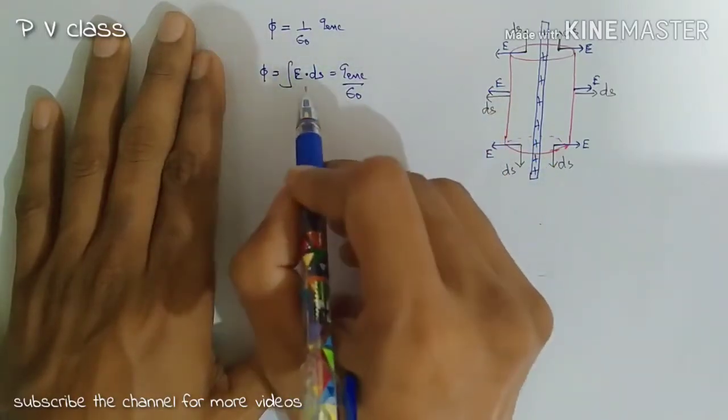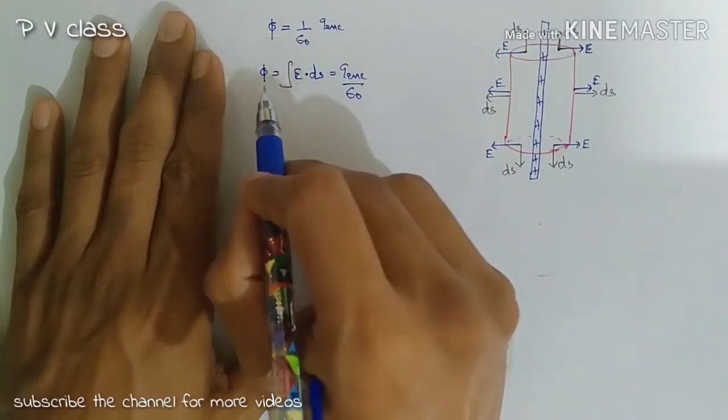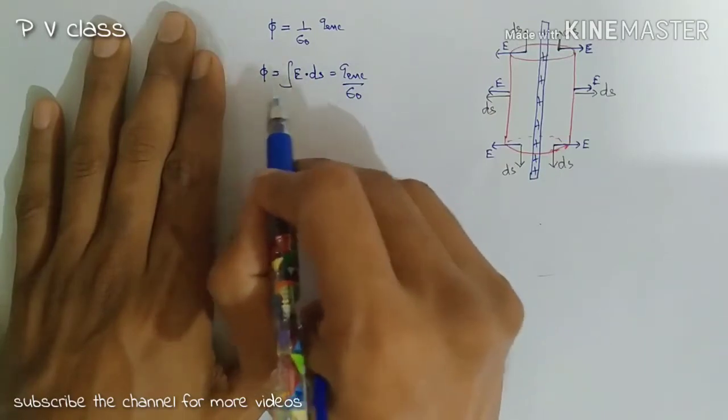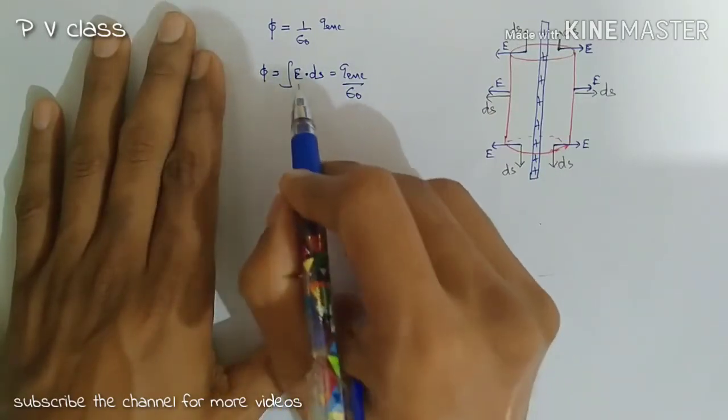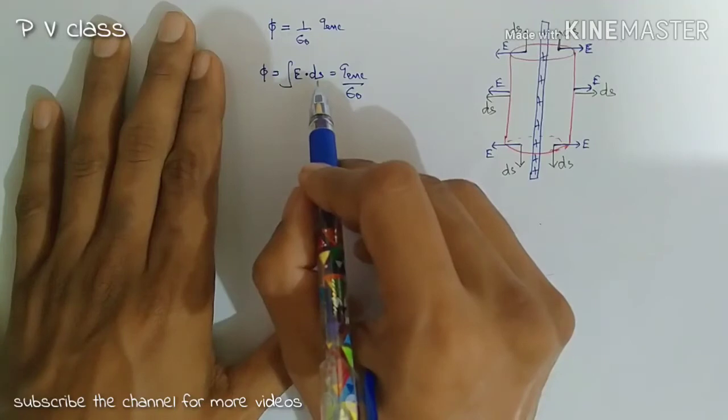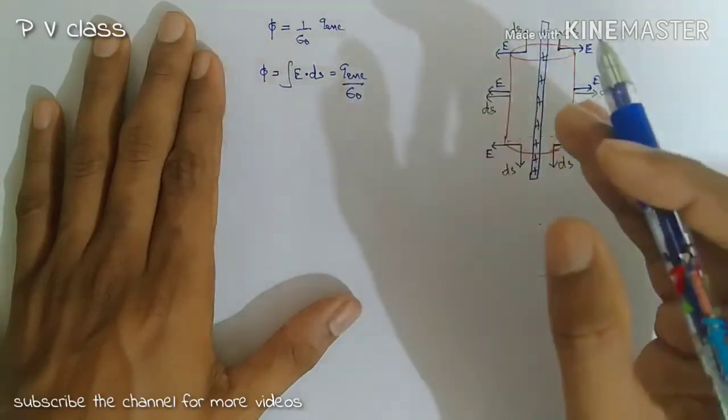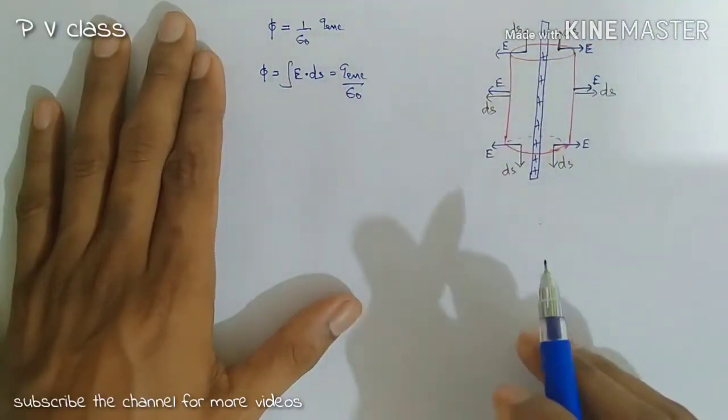Phi is equal to integral of E dot ds. We have studied it from the basic theory of electric flux. E is electric field intensity, ds is area vector, and q enclosed is the total charge enclosed by this closed surface.